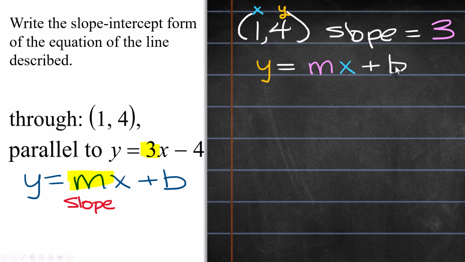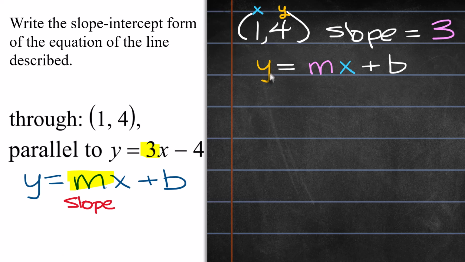The one thing I cannot replace is this b. In this formula, b is the y-intercept. We don't need to know what that means exactly, but that's the place where the line crosses the y-axis, if you remember your algebra. For what we need to do today, we know what all these numbers are except for the b. So we're going to solve for the b so we can write a final answer.